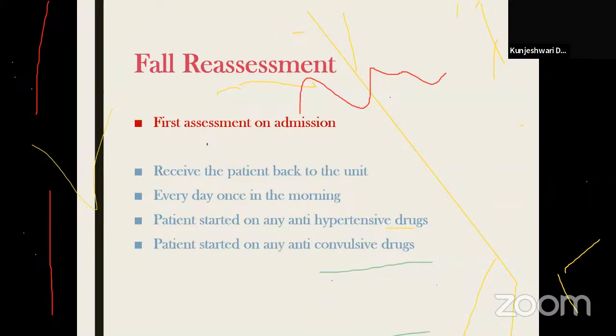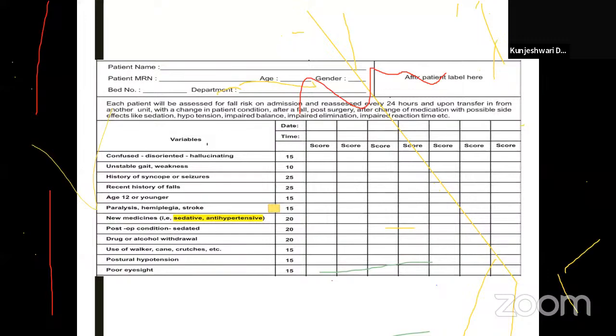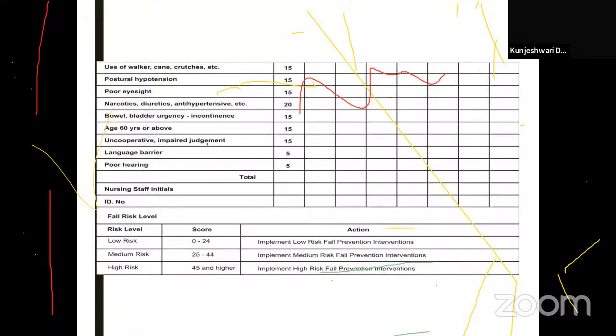The scale, a little back to the previous one. Yes, I want you to just see the bottom one. When I calculate and add all the scores according to whatever I have studied from my patient, low risk is 0 to 24.